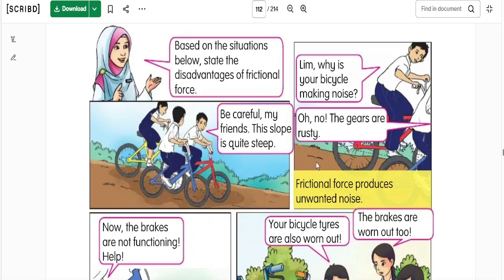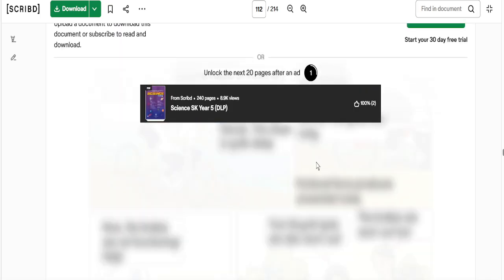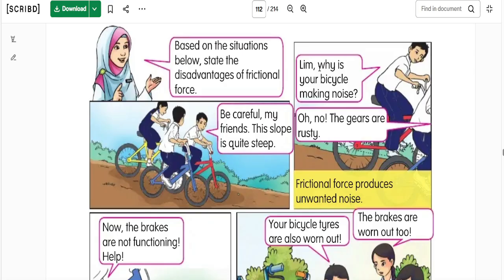What else does it produce? When you rub your hands, it produces, yes, what else does this frictional force produce? Why do you feel hot when you are rubbing your hands?